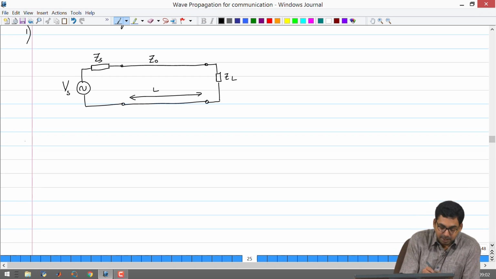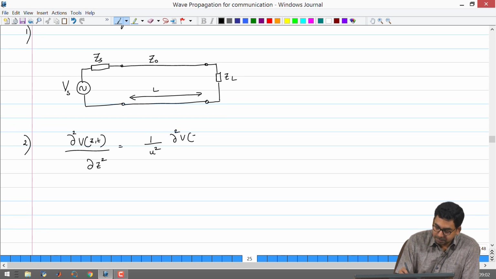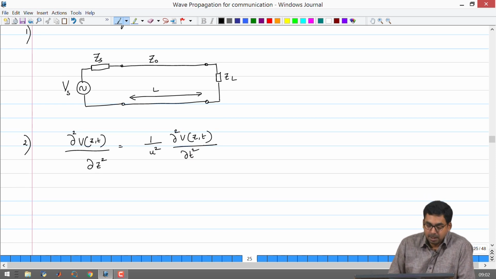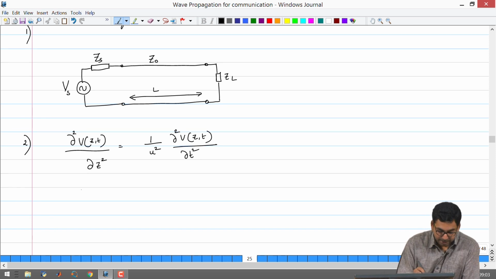So we start with the wave equation for the voltage. I have ∂²V/∂z² equal to 1/u² times ∂²V/∂t², and the wave equation for the current will have a similar form.